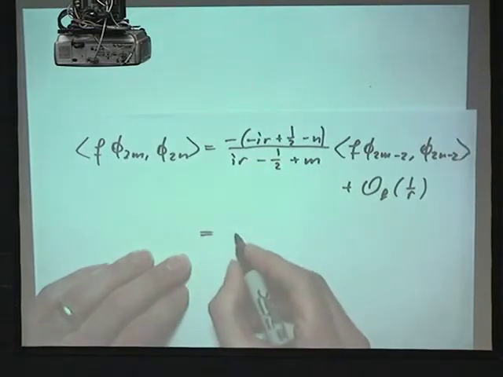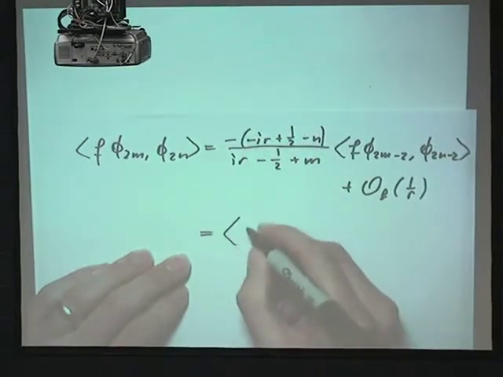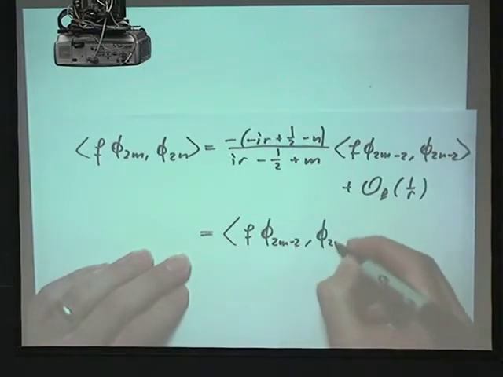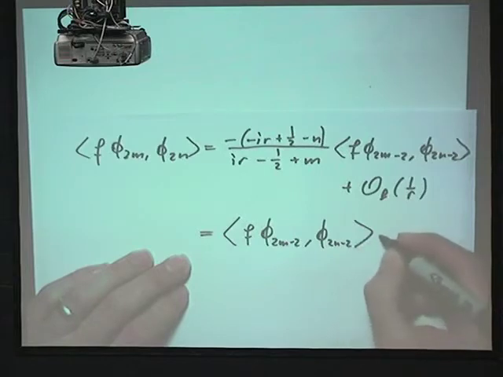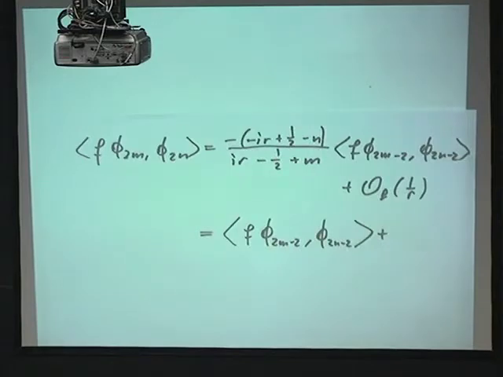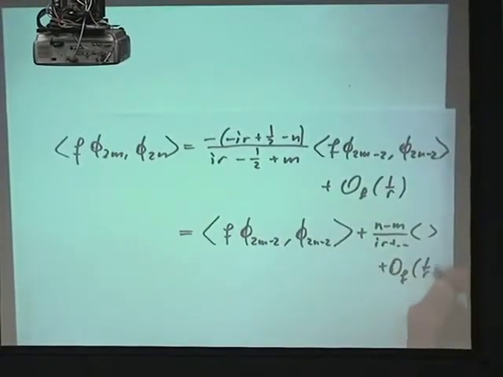And what I get is the inner product of f phi 2m minus 2, phi 2n minus 2, plus, and now I need to look at what the difference is between numerator and denominator, and it's n minus m divided by this r plus stuff, times this inner product, plus the old error term of 1 over r.